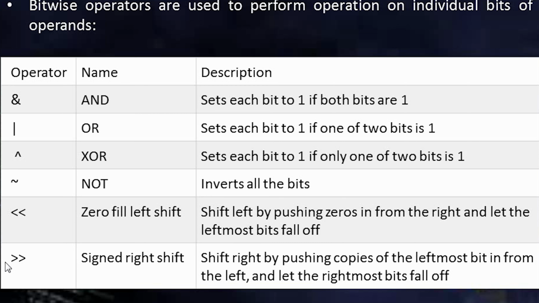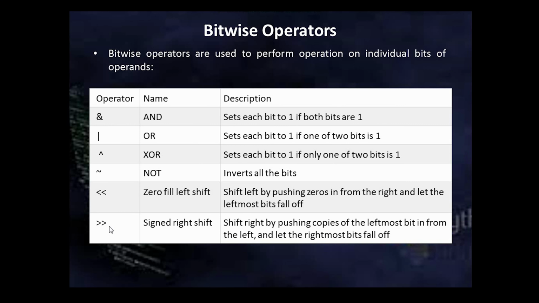So if the old sign bit is 1, it is kept as it is in the result. Now always remember, whenever you do left shift one time, it is the same as multiplying by 2. The value gets doubled. And the same way, when you shift right side once, it is like dividing by 2. The value gets halved.